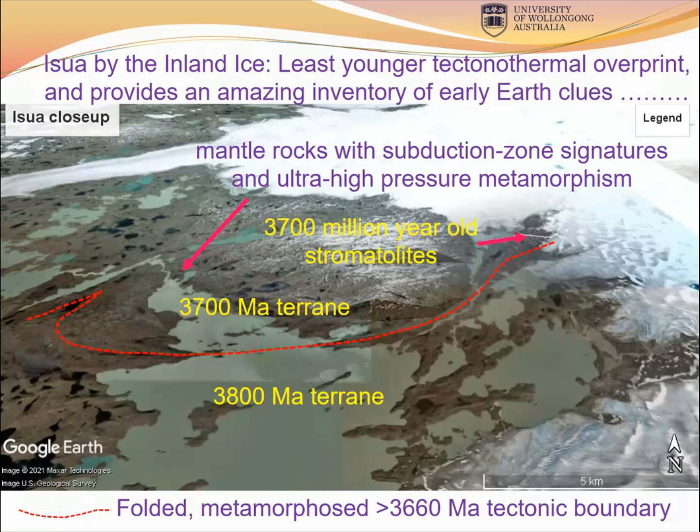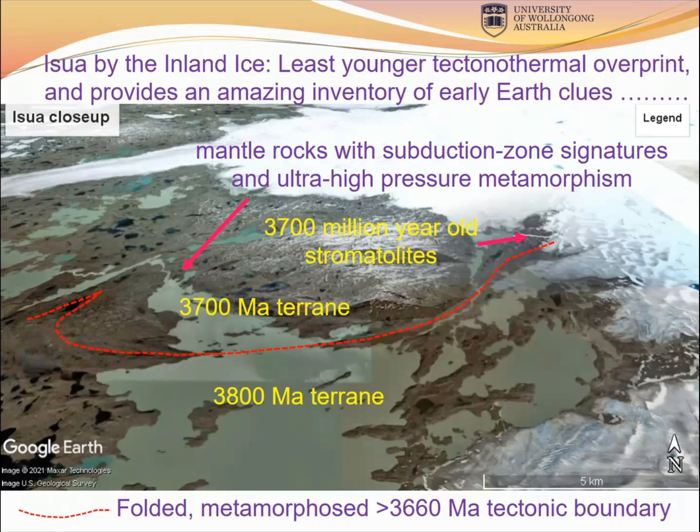So you can see from this oblique image here that you have essentially two terrains which have got a folded metamorphosed fault in between them, a tectonic boundary. And south of that, all of the rocks are 3,800 million years old. And north of that, the rocks are 3,700 million years old, approximately.